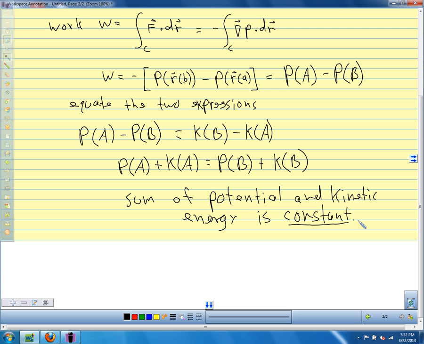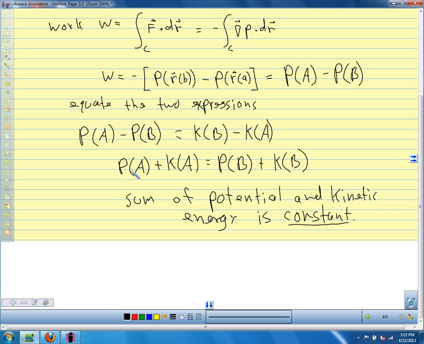And this is the conservation of energy. In this conservative force field, the energy, the sum of the potential and kinetic energy, all the energy that this particle has, or this object has, is constant as it moves through this conservative force field, if the force F is the only force that's working on the particle.